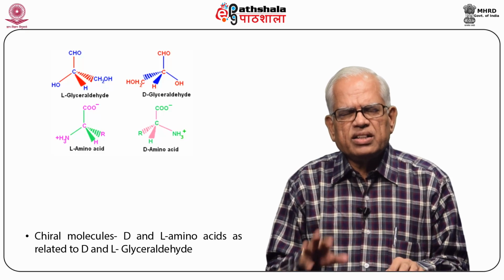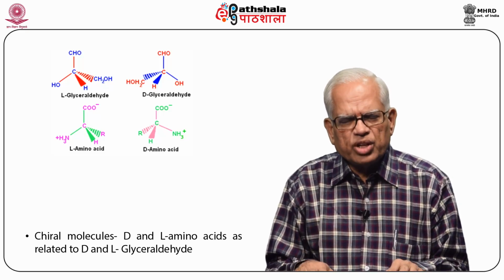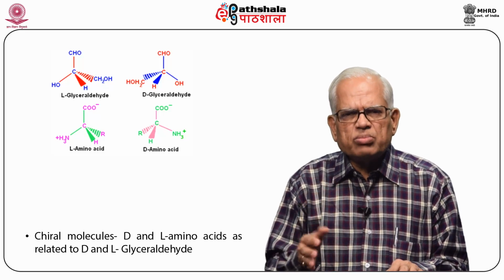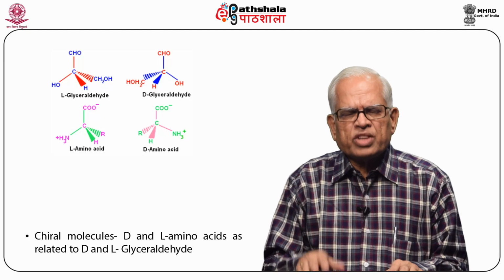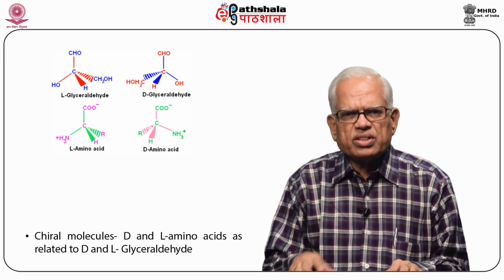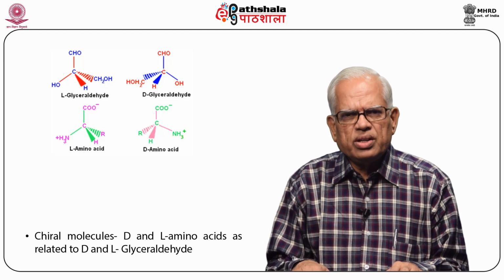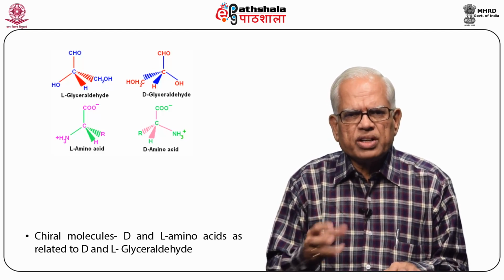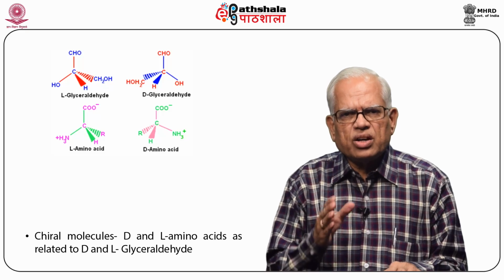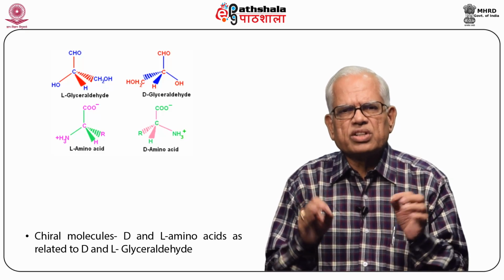Hence, chirality is a property of some biomolecules, and most of the molecular recognition that underlies physiological processes is essentially due to these chiral molecules playing their role. Therefore, one should give more importance to this property of chirality and understand how much role it plays in physiological recognitions.